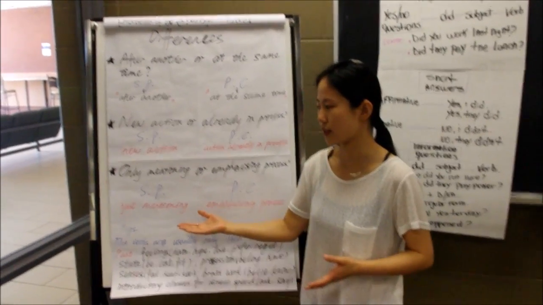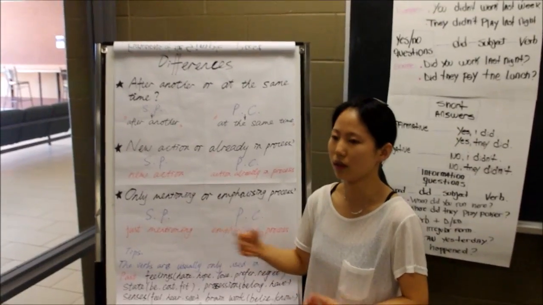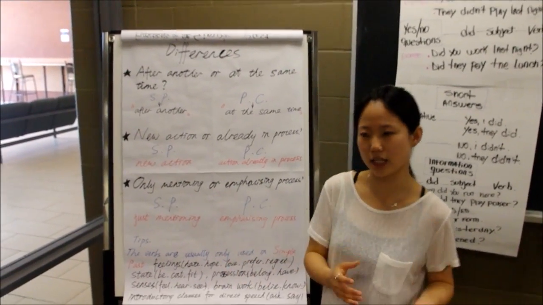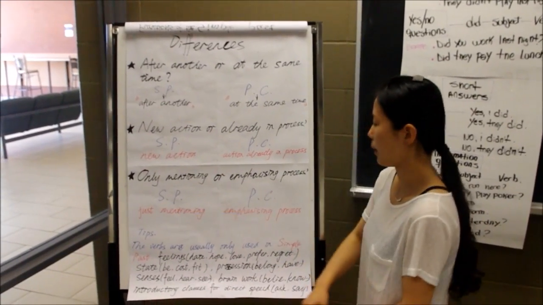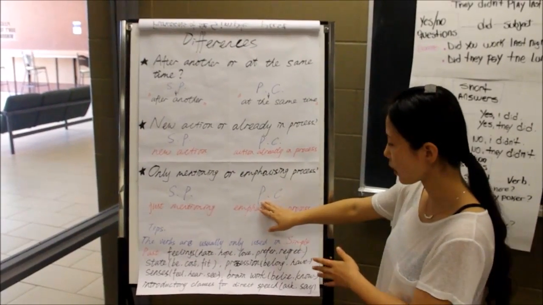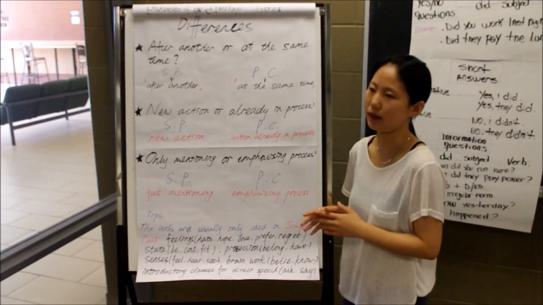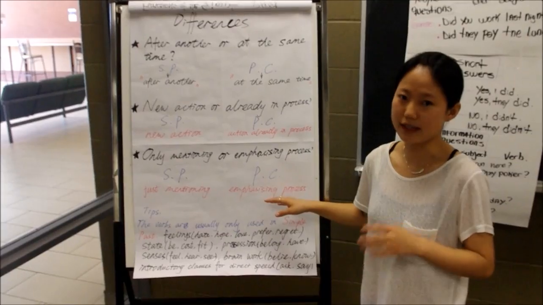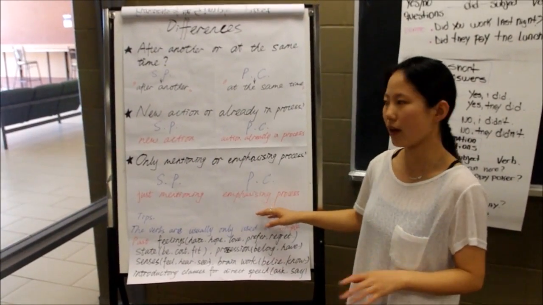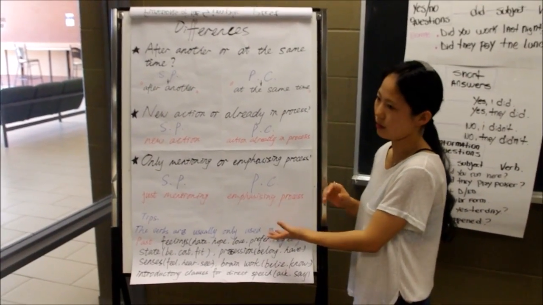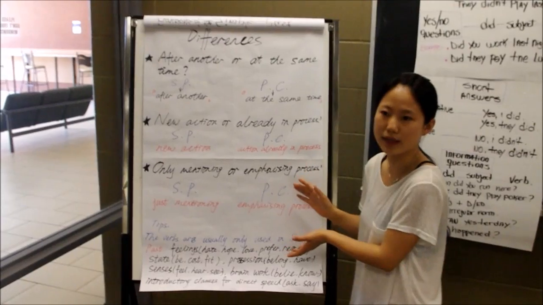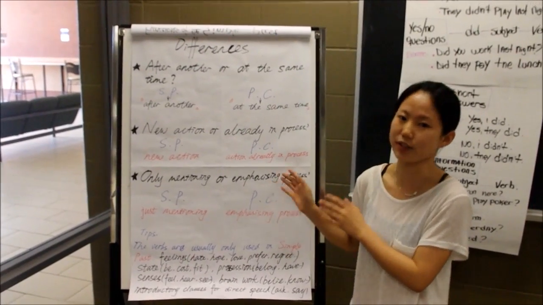In this sentence, we just use the past tense to talk about the action that happened last year. He went to Paris. But if we use the past continuous, it would be like he was visiting Paris last year during the summer. It will highlight his action that he was in Paris last summer.